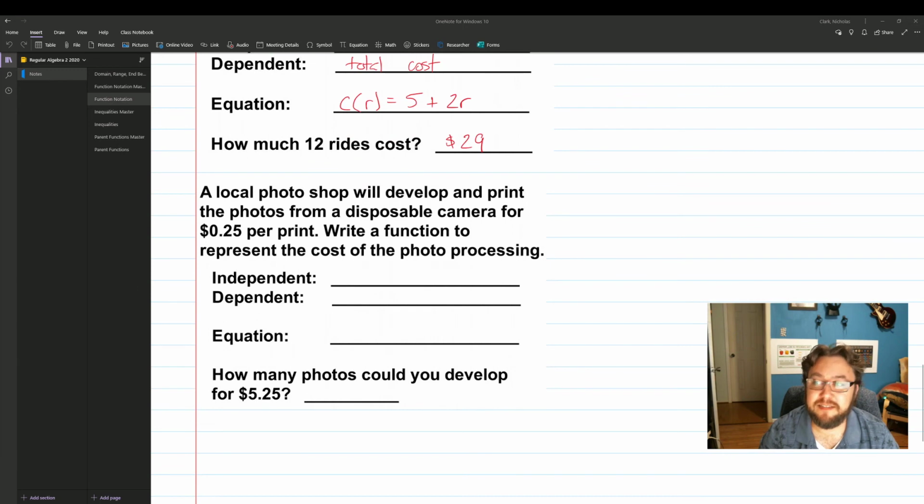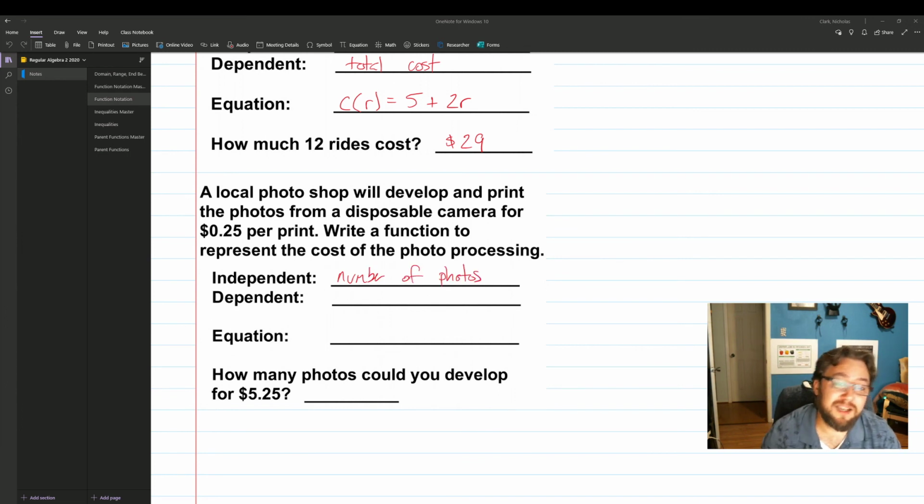All right, last example. A local photo shop will develop and print the photos from a disposable camera for 25 cents per print. Write a function to represent the cost of photo processing. Okay? The independent variable here would be the number of photos, because it doesn't depend on anything. So number of photos.